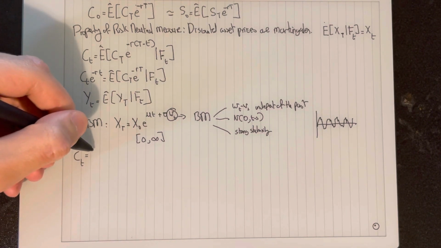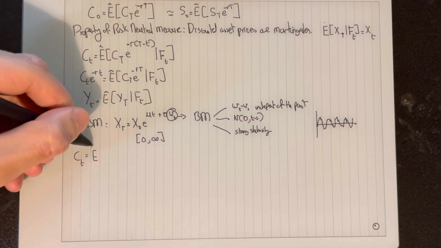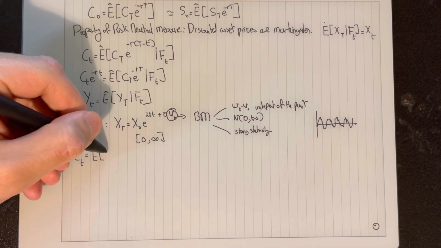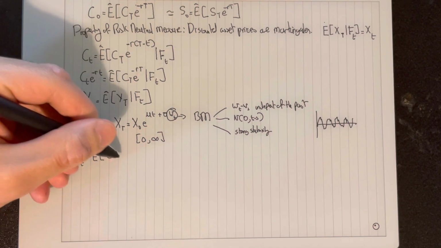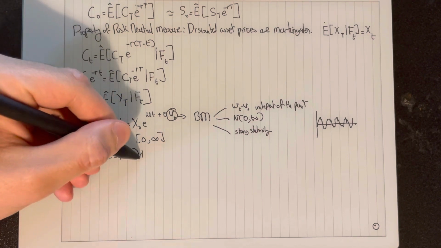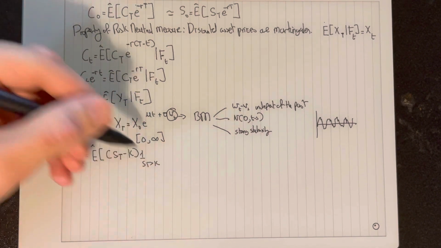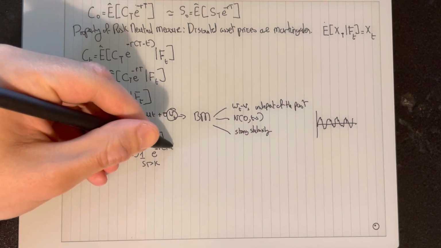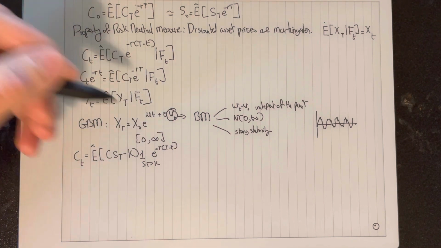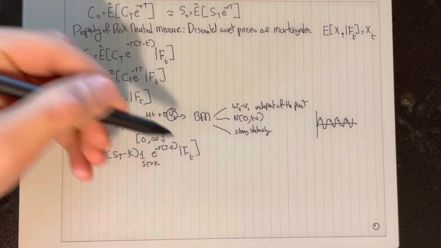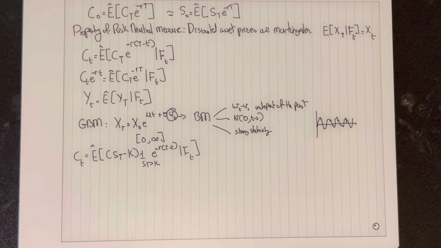And we're going to rewrite this formula by expanding the call option into its components, which is simply S_T minus K, given that S_T is greater than K. And recall that we also have a discount factor over here. And of course, we add the filtration, which basically just states that we know everything up to time little t.